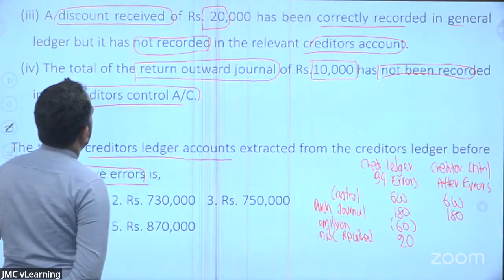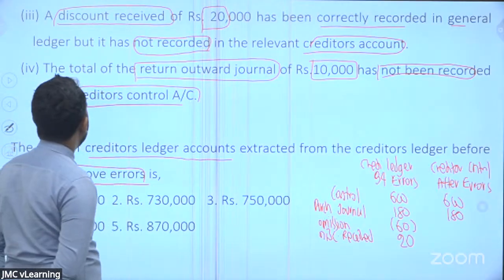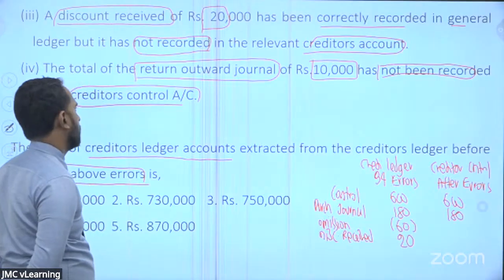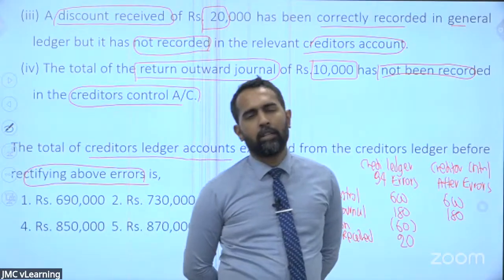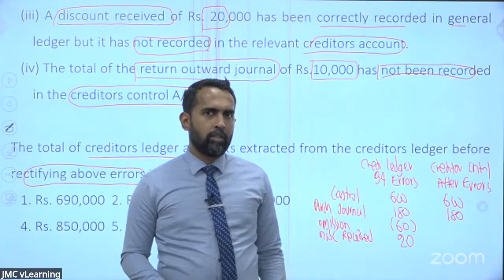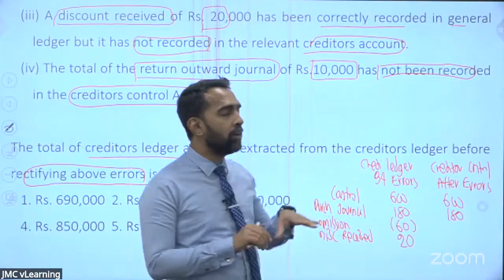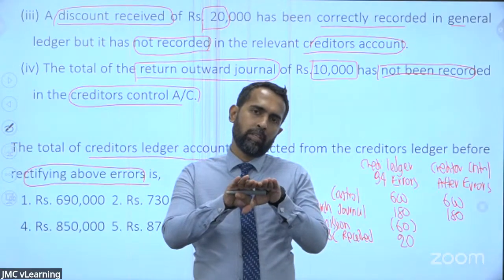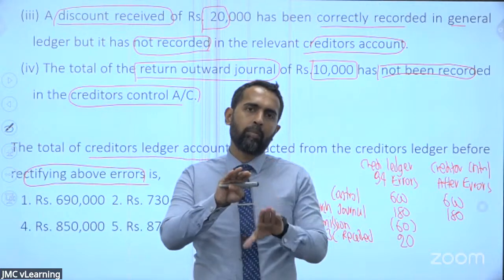Finally, the total of the return outward journal of 10 has not been recorded in the creditors control account. Return journal means purchase return. Because of the purchase return, the control account should come down.